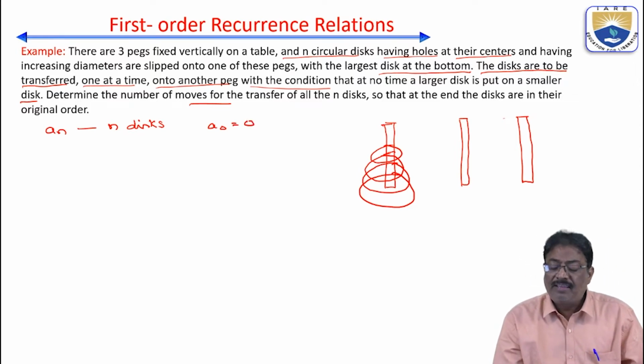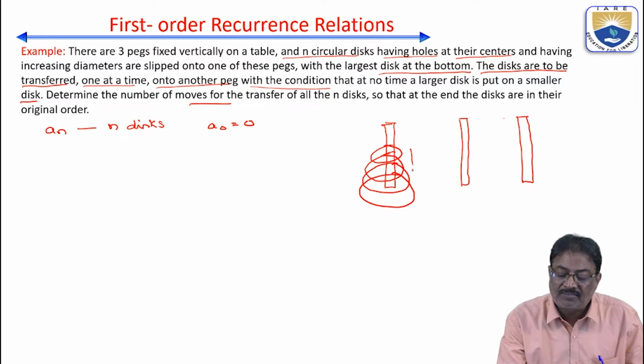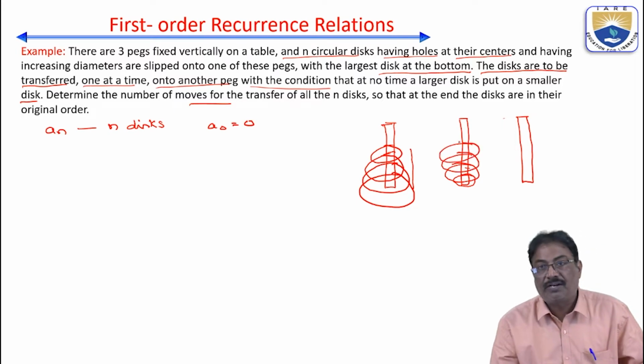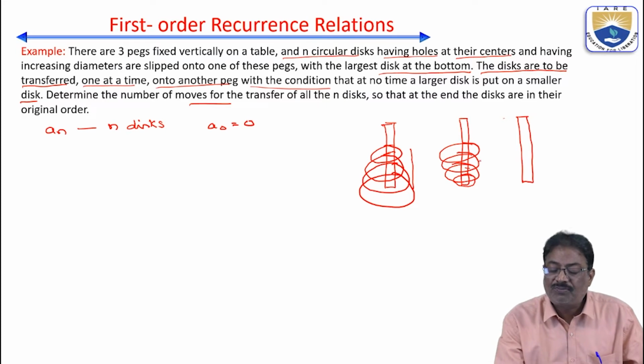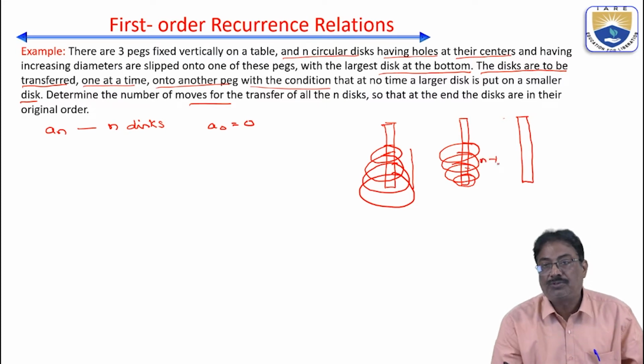Now, the n minus 1 circular discs we are going to move to one of the pegs, in the opposite order. So here only n minus 1 circular discs we are going to keep.